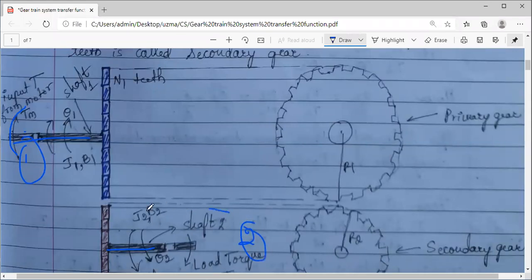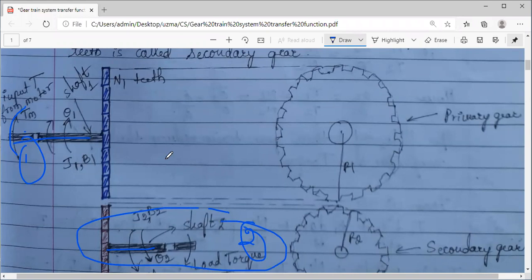Whatever elements are connected to one particular shaft, we generally call them mechanical impedances. Whenever you want to analyze a mechanical system which is having gears, you have to transform that system into a mechanical system which is not having gears.